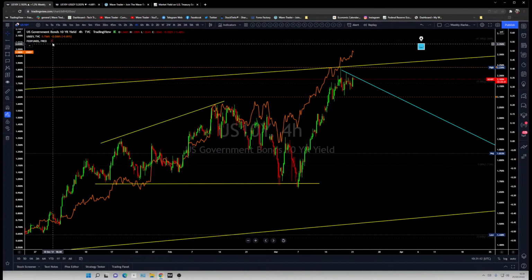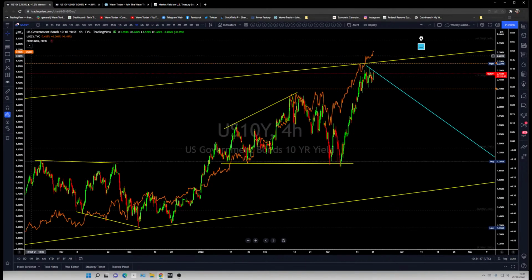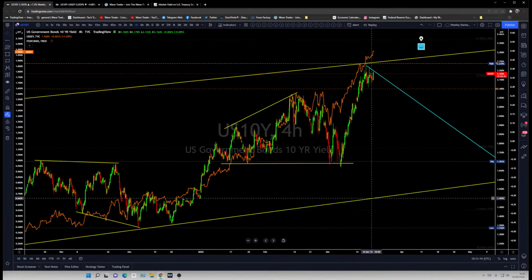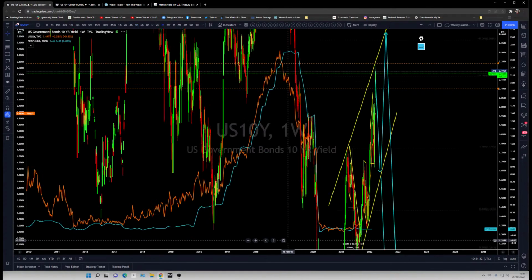The data is not updating. The Fed funds rate is close to 50 basis points. We know that they just raised, and there you got it.